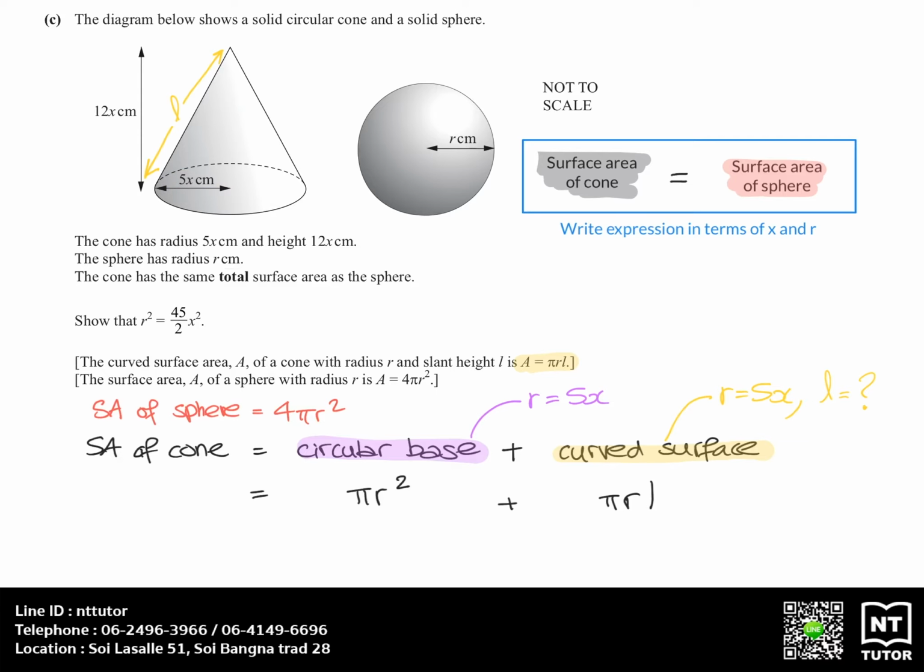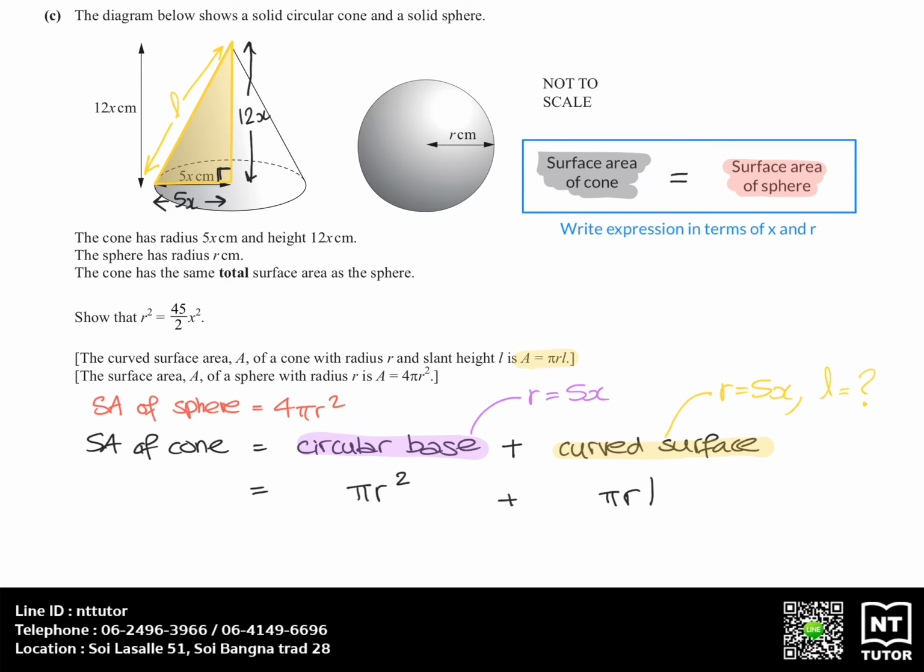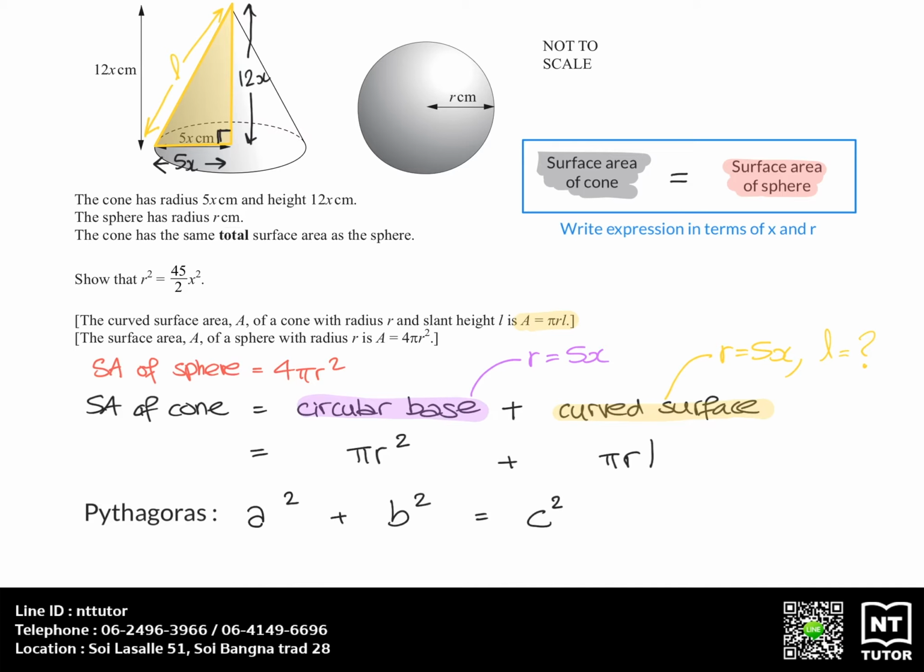The inside of the cone can be drawn as a right-angled triangle down the middle of the cone, where the hypotenuse of this right-angled triangle is equal to l, or our slant height, and the other two sides are equal to 5x and 12x. So since this is a right-angled triangle, we can use Pythagoras to find l in terms of x. Using Pythagoras, we have 5x squared plus 12x squared equals l squared.